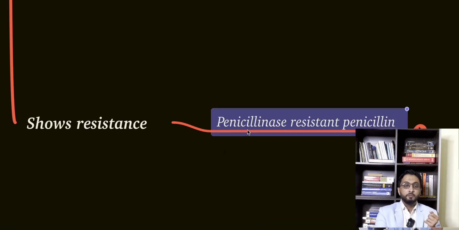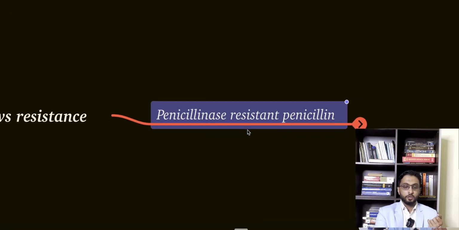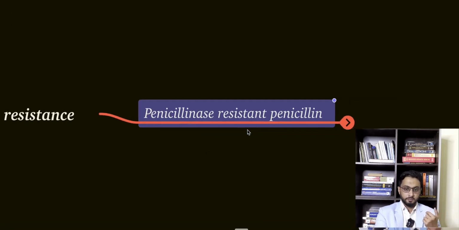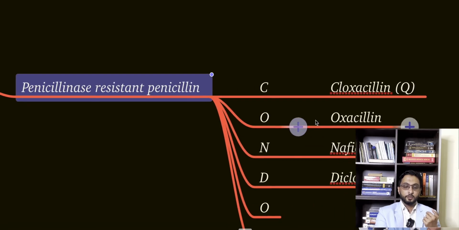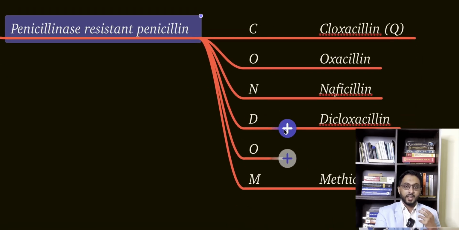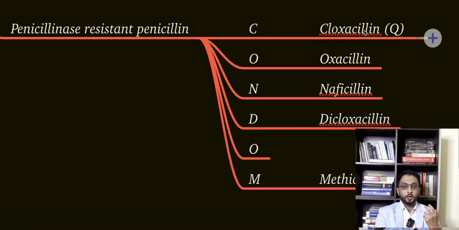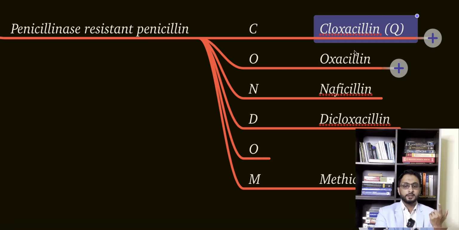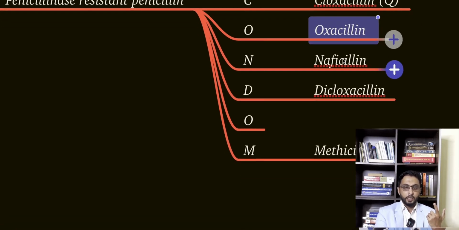Now we have come up with another modification, the penicillinase resistant penicillins. It is again a naughty short form, which is called a condom. You have cloxacillin, oxacillin.